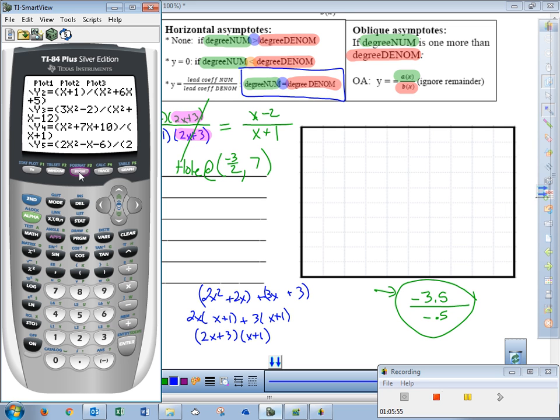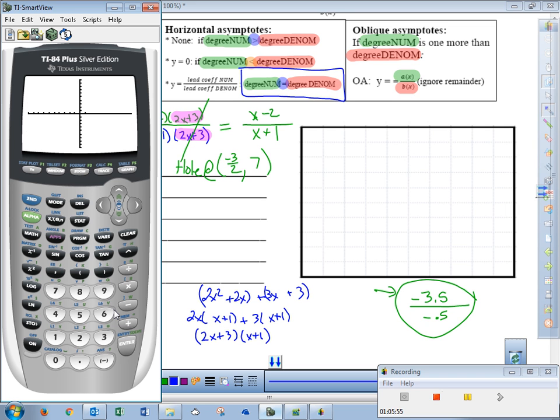Go back to zoom 6, because we changed our window a little bit. Something went wrong. I turned it off, maybe. Yes, I turned it off. Looks like so. Zoom 6 works.